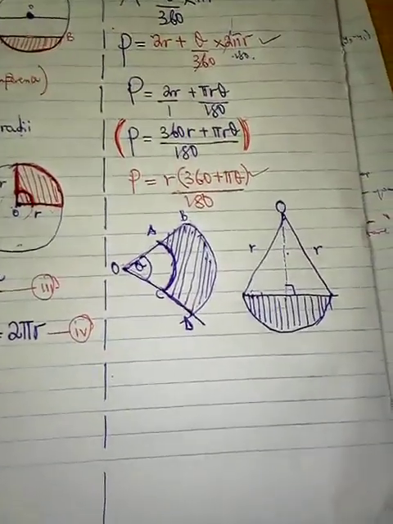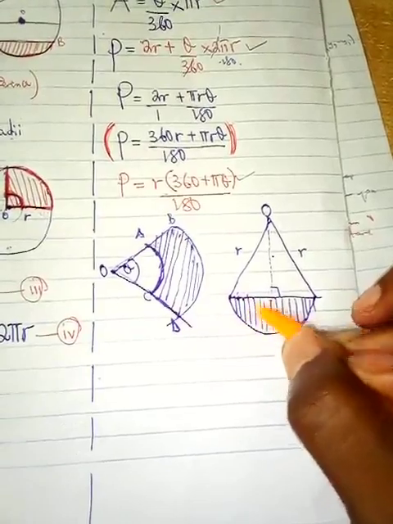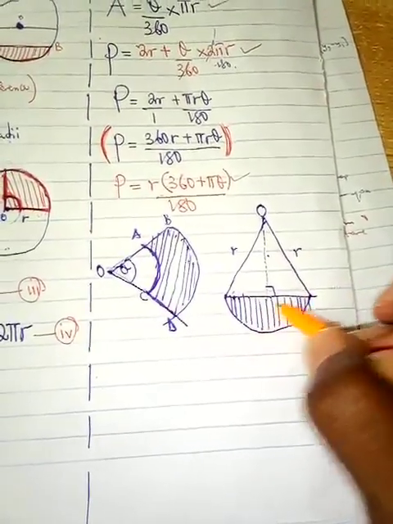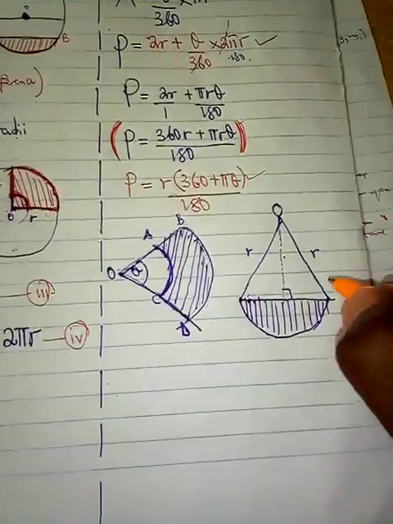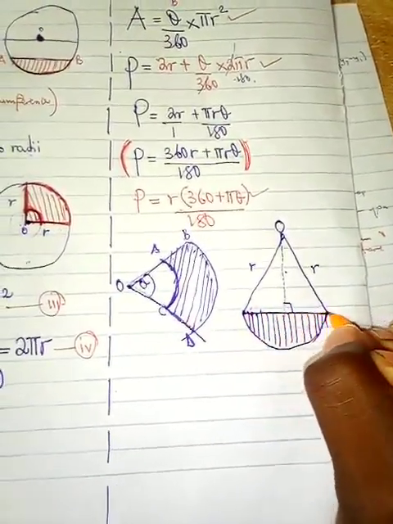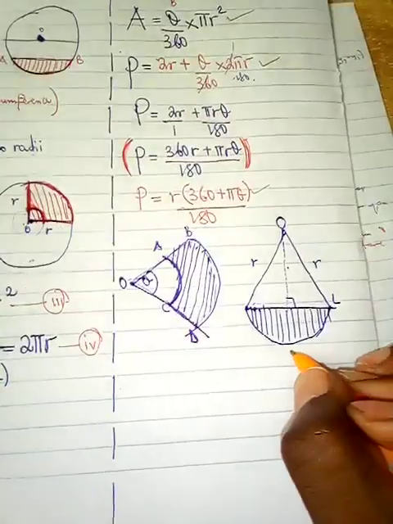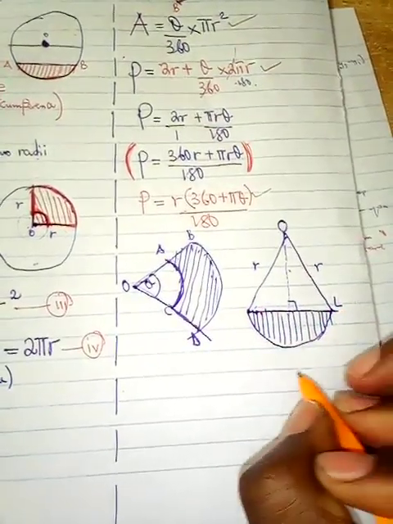You can also be asked to determine the area of this shaded region. Now, provided that this length has been given, which I can just call L, the length of this chord has been given.